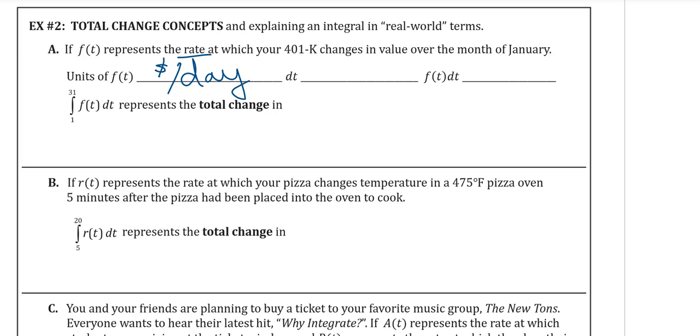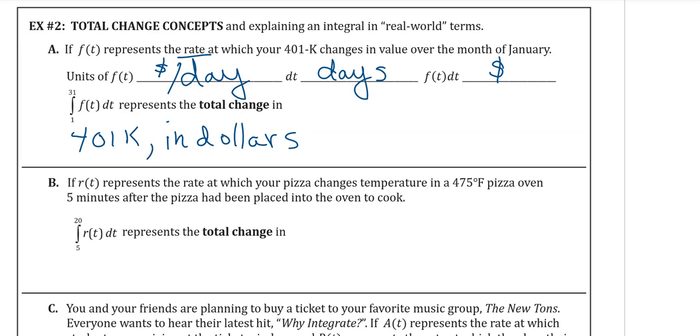And dt is days, because we're talking about the change per day. And f of t dt is going to be money, because you're going to multiply dollars per day times days. So if we're going from 1 to 31, f of t dt represents the total change in your 401k dollars for the month of January.